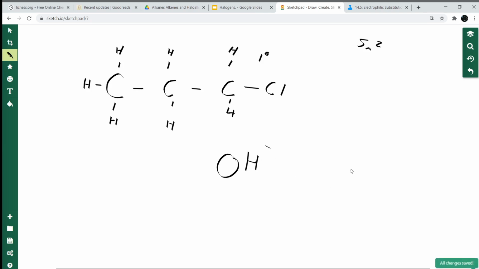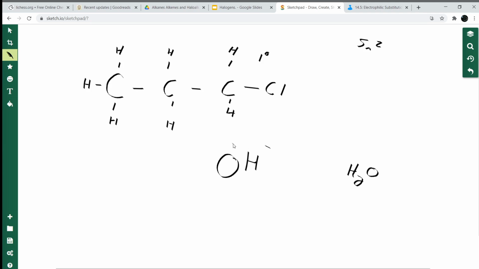Even though hydrolysis typically has us using H2O, the reason that we'll use the OH minus is that we have both the OH minus and H2O in that solution, but the OH minus is obviously going to be a better nucleophile because it has a full negative charge.